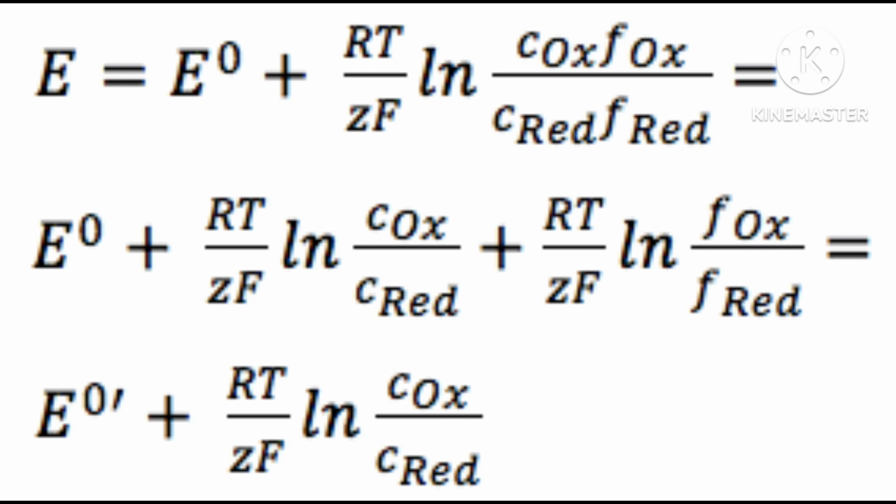Means the Zn term is plus: log base 10 1 upon Zn2+, before that the plus sign is there. Then first you write that term, then you write the negative term, means copper. Copper is negative, you know: log base 10 1 upon Cu2+, that is negative. Now these two terms you write in another bracket.